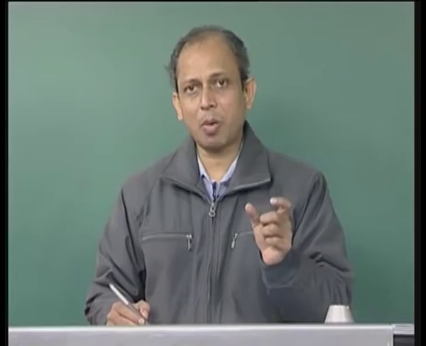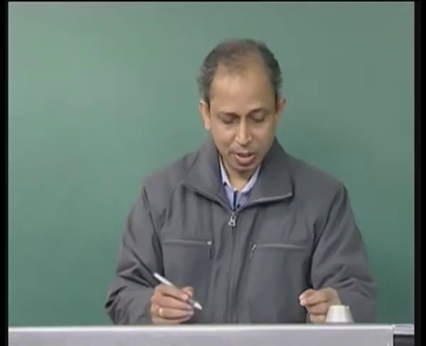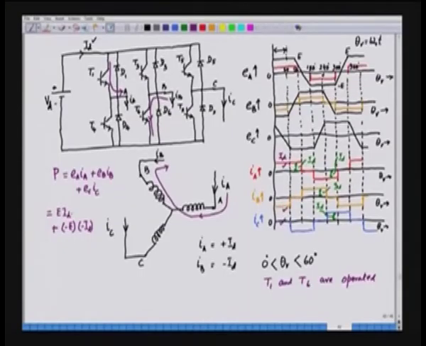So, if we calculate power for the first 60 degrees, it is E ID plus minus E into minus ID, and that is equal to 2 E ID. So, the power here is 2 E into ID. What about the torque?